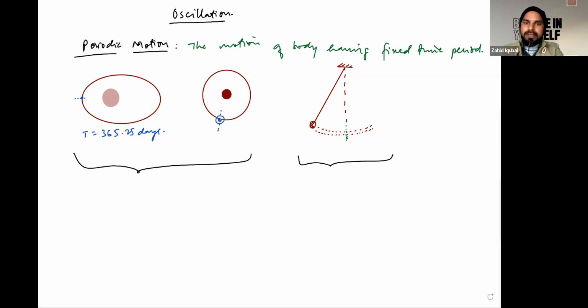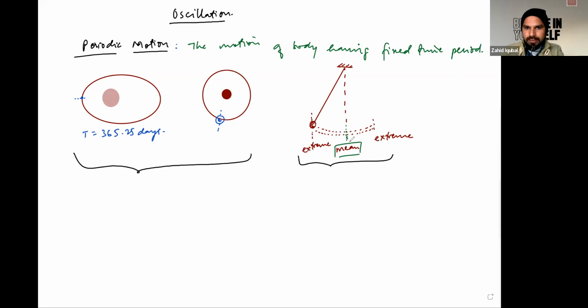In this simple pendulum, it is oscillating to and fro about a given fixed point. This given fixed point is called mean position. This one end is called extreme position, and this other end will also be extreme position. So it is motion about a given fixed point, that is mean position.